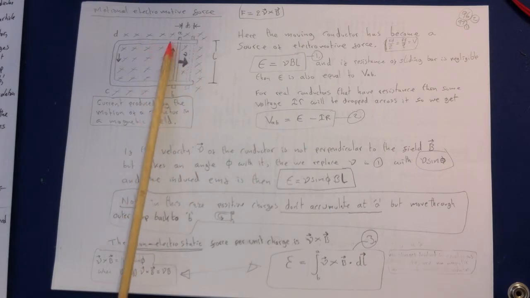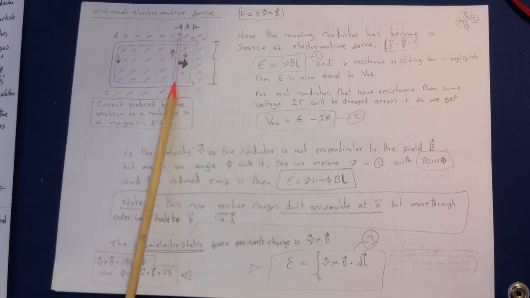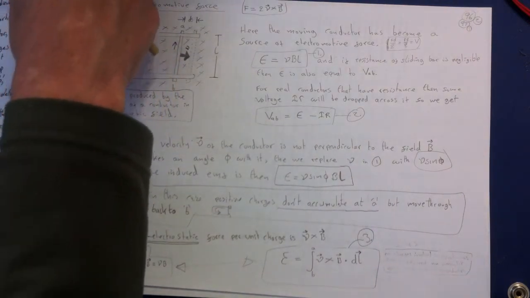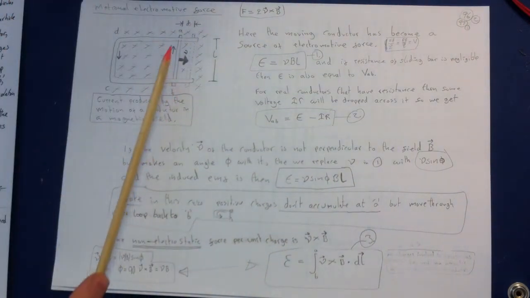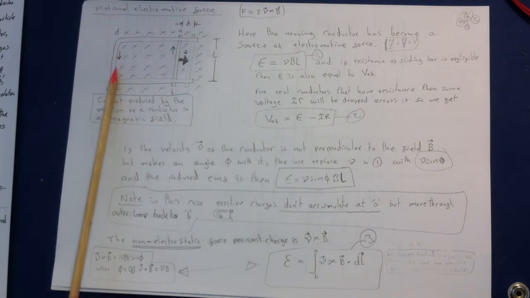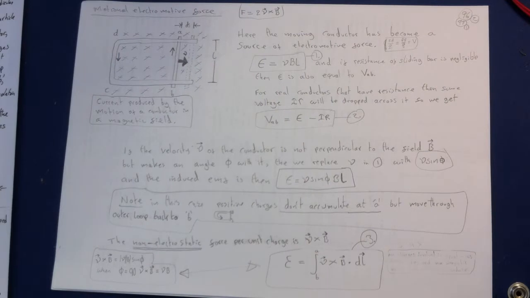But because it's touching this bar, which has positive charges moved from B to A due to its velocity, it is now within the electrostatic field of these charges. So under the action of the field, a current is established in the counterclockwise sense around this complete circuit.